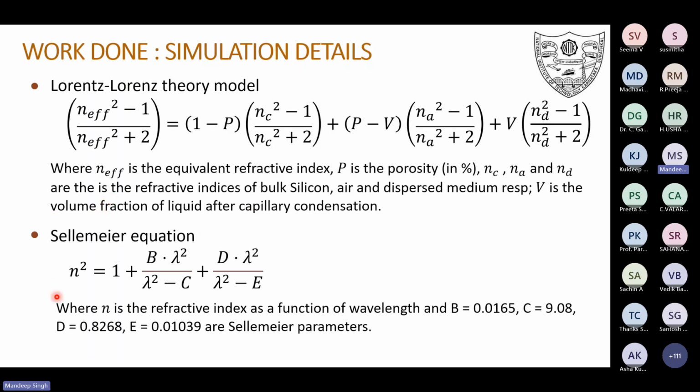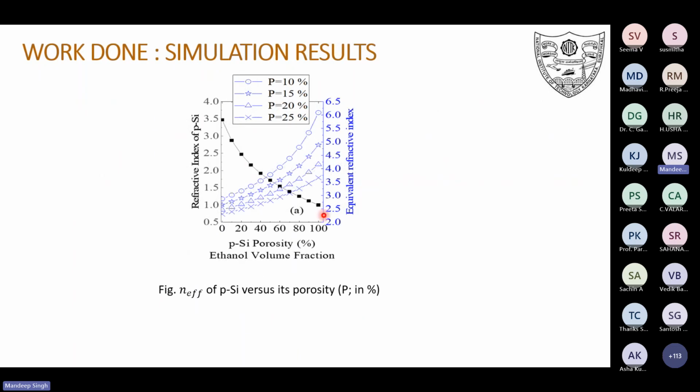Now, how the refractive index of ethanol is varying with wavelength. For this we have to use the Sellmeier equation. So these equations we have used for ethanol, with various constants B, C, D, E put in this equation, and with the help of MATLAB we have got these graphs for different porosity.